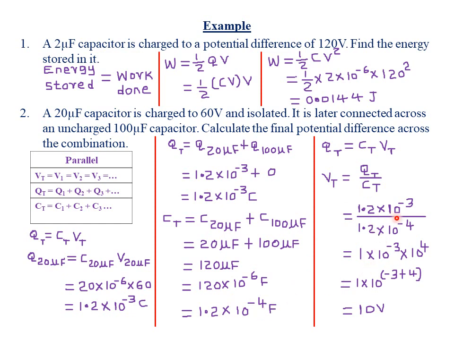So 1.2 times 10 power negative 3 divided by 1.2 times 10 power negative 4 farad. 1.2 divided by 1.2 gives 1 because they cancel out.